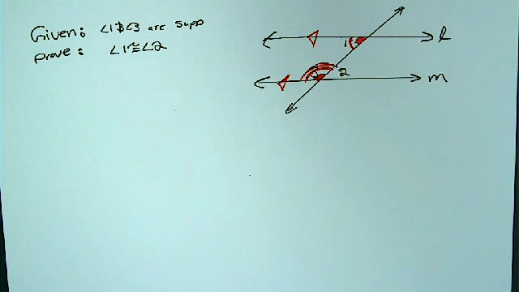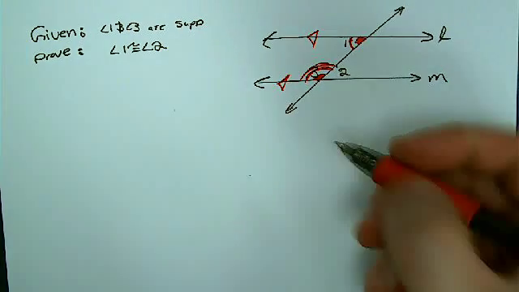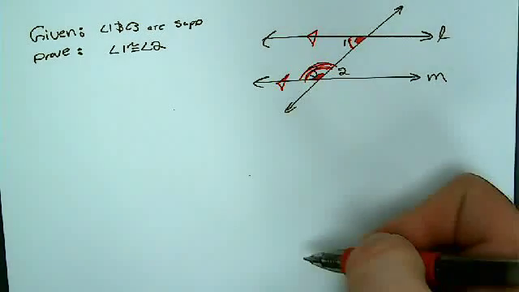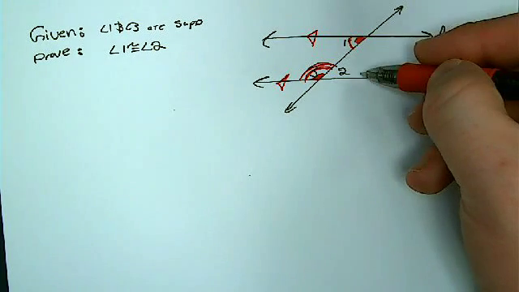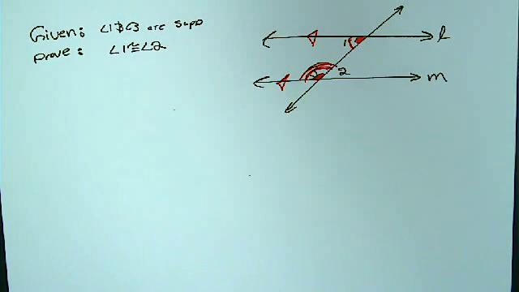Well, if I have parallel lines, I know lots of stuff. Remember we had that diagram, we had parallel in the middle, and all those things came out of it. What about 1 and 2? What angles are those? They're not same side interior. Alternate interiors.